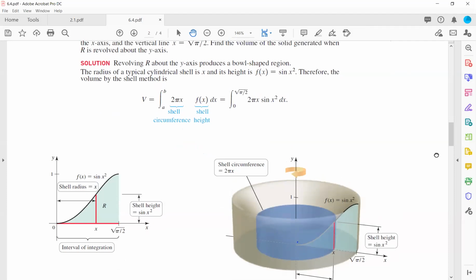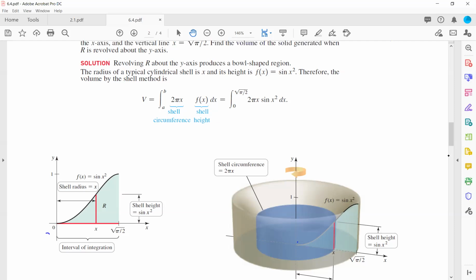Very well, we have a nice formula here. Our formula says the volume is equal to the integral of 2 pi x times f of x dx, while x ranges between a and b.